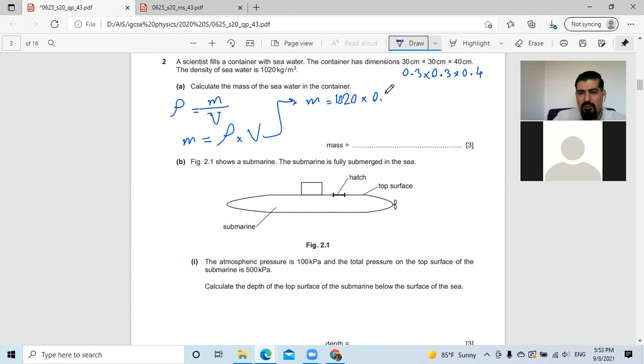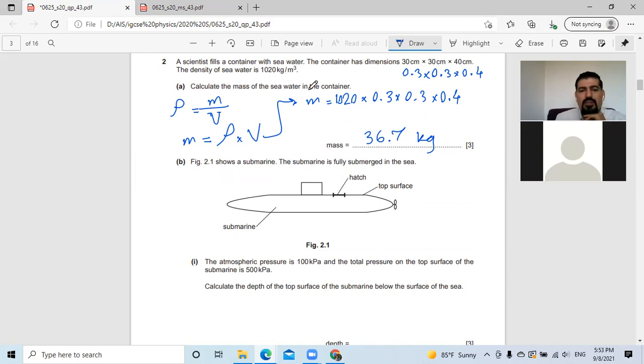The volume is 0.3 multiplied by 0.3 multiplied by 0.4. Using the calculator, 1,020 times 0.3 times 0.3 times 0.4, the answer will be 36.72. We write 36.7 kilograms. This is the mass. That's part A, the mass of the seawater in the container.